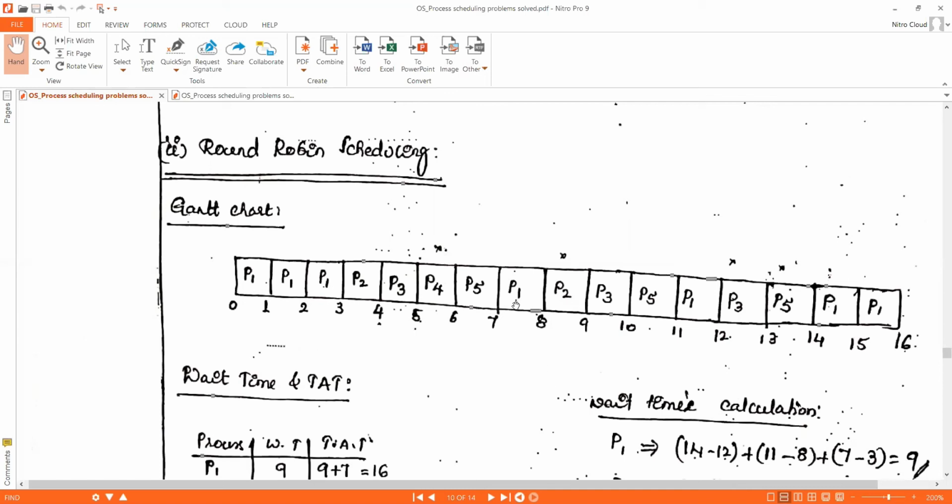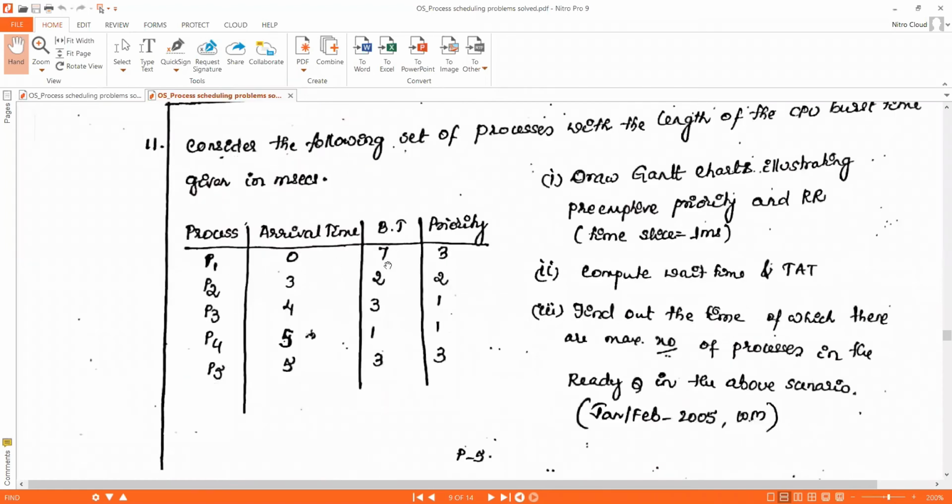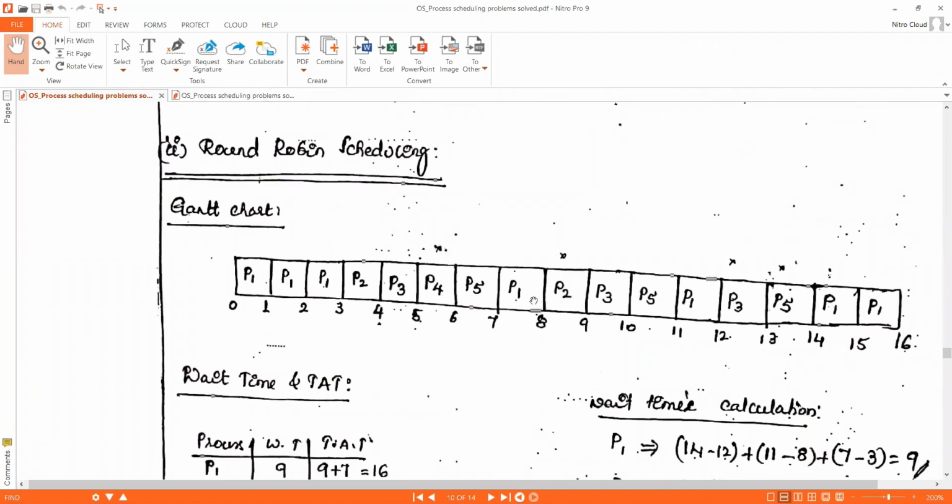Now CPU will execute it for 1 more millisecond, so process 1 has completed 4 milliseconds of execution. What is the burst time of process 1? It is 7 milliseconds. Still 3 more milliseconds need to be executed by the CPU. After executing for 1 millisecond, process 1 will be added to the tail of the ready queue.